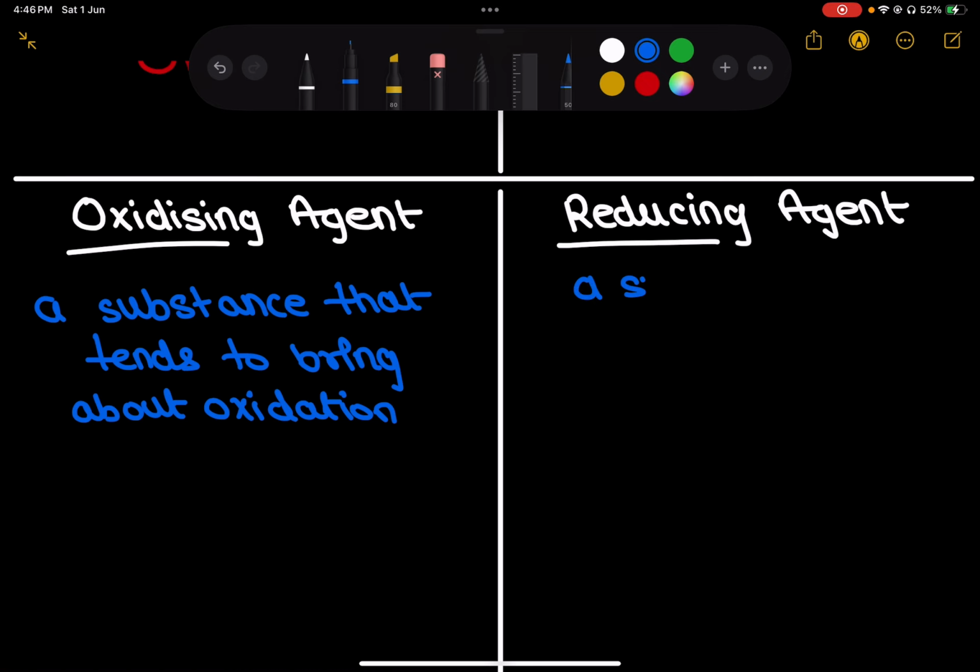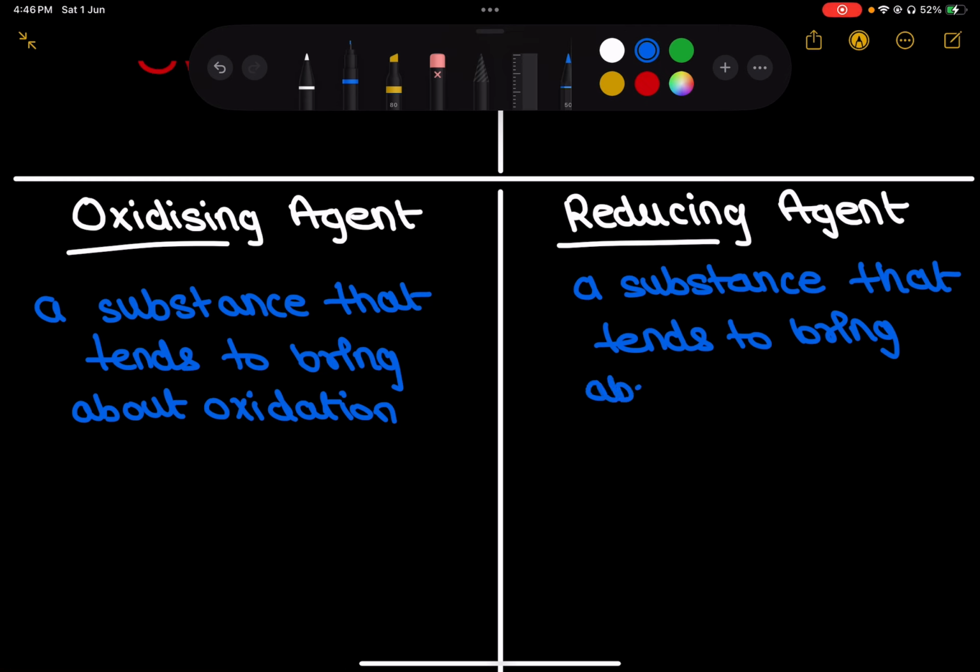Here, a reducing agent is a substance that tends to bring about reduction. Okay. Now here oxidation and reduction mean loss of electrons, gain of electrons. Okay. Now this is the first point here. The second point is important.